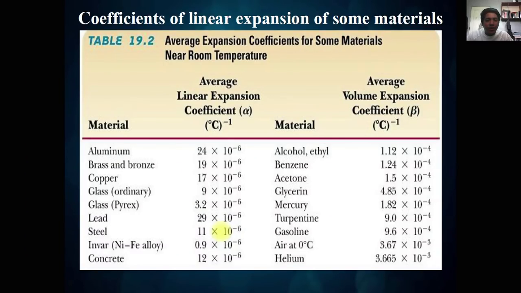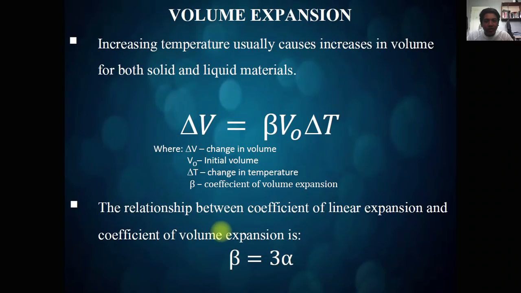We have here also the average volume expansion coefficient. Just as with linear expansion, if we increase the temperature, it also causes an increase in volume for both solid and liquid materials, such that the change in volume delta V is equal to beta V naught delta T. What is this delta V again?